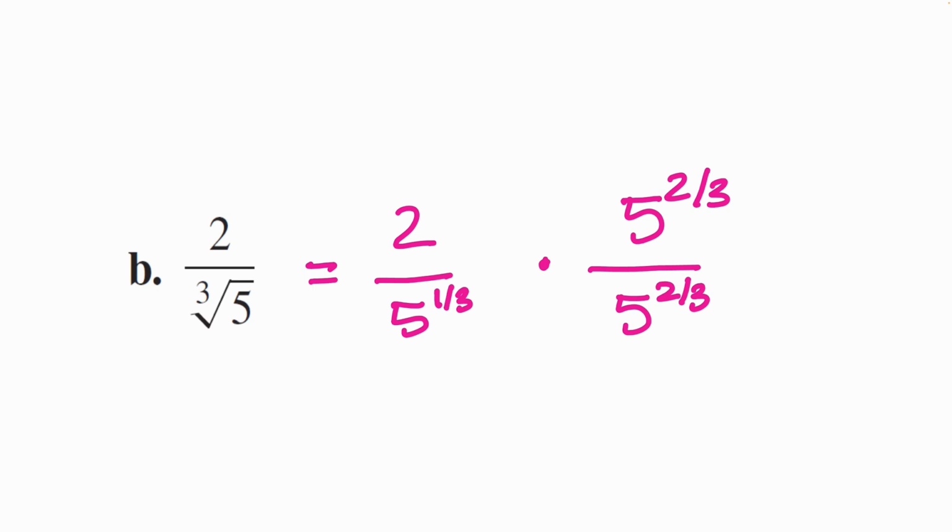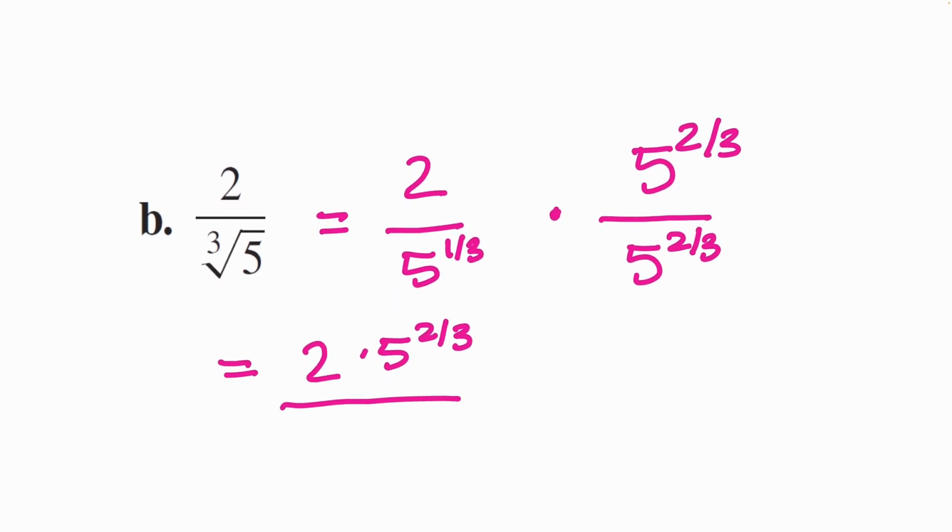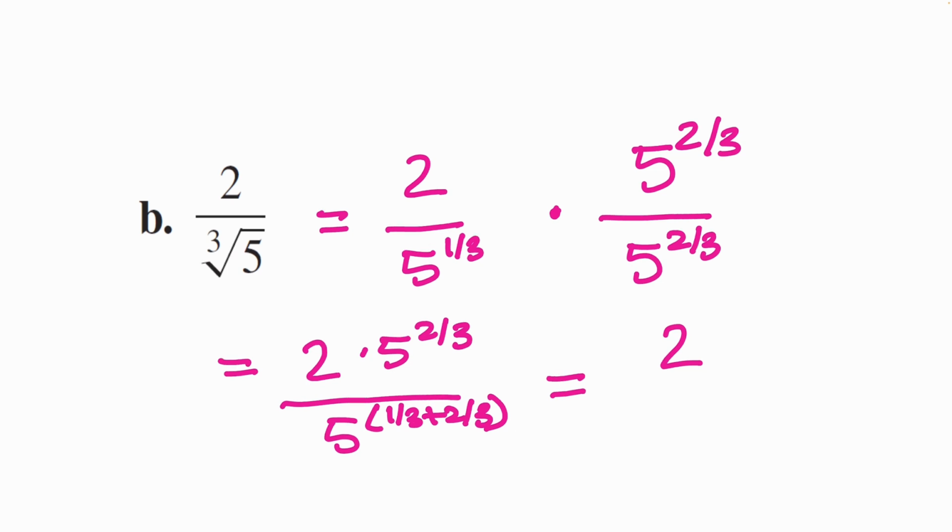And when we do that, we will get 2 times 5 to the 2/3 for now, divided by 5 to the 1/3 plus 2/3, which is just going to give me 5 to the first. And then I will have 2, and I can write that as the cube root of 5 squared, or 25.